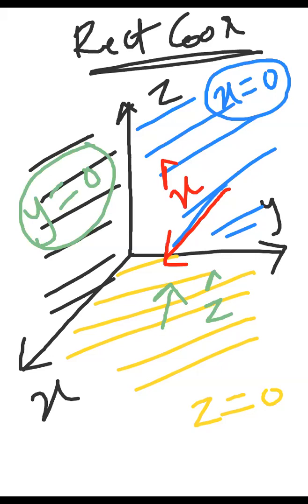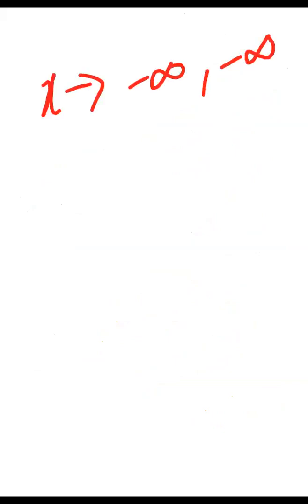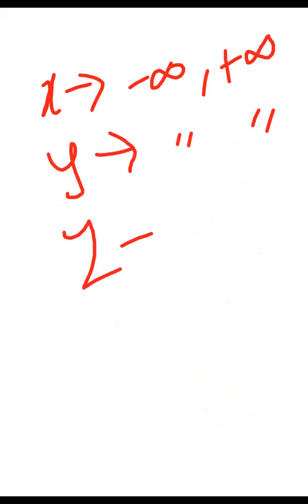Please remember that the range of x in general is minus infinity to plus infinity. Anyway, we are on two-dimensional paper and cannot show minus infinity. So x extends from minus infinity to plus infinity, y also goes from minus infinity to plus infinity, and z also.